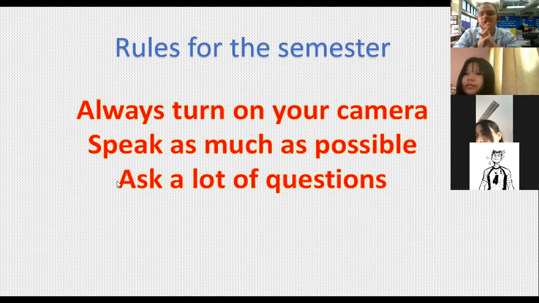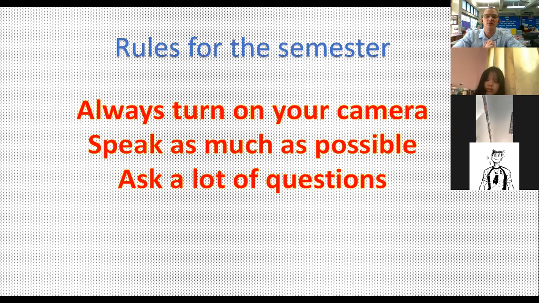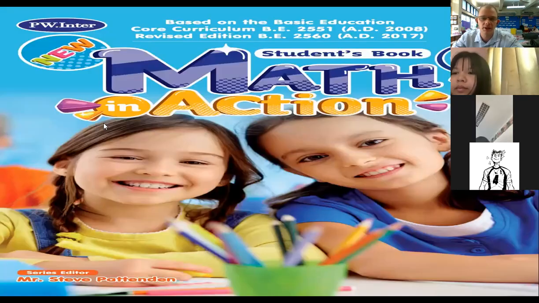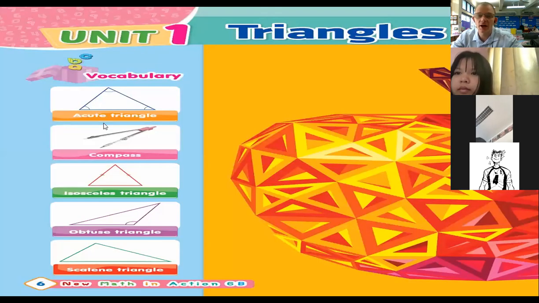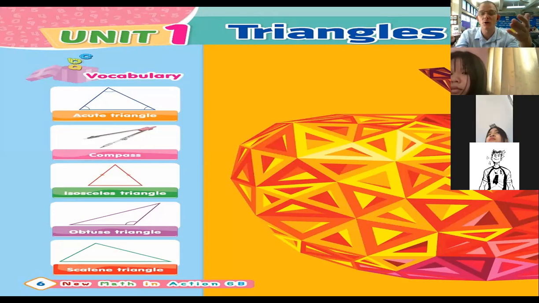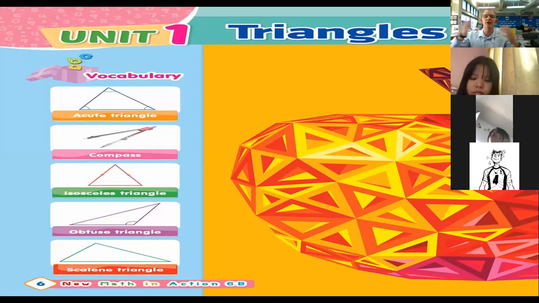So I asked you guys last time, where did you leave your mathematics with teacher Bibi? And you guys told me, or teacher Joseph, you told me you are busy with triangles. So today I'm going to start again with triangles because I want to make sure that you understand all the information, and I'm also not sure where you left off.